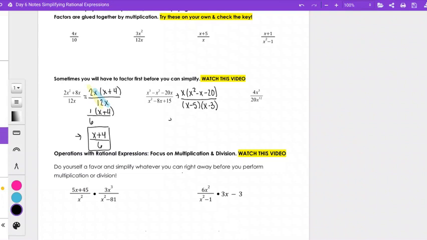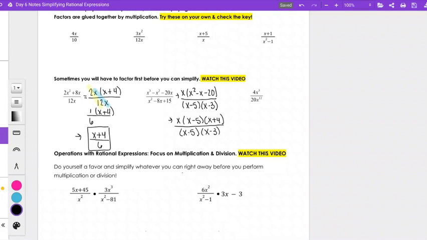Now, if we take a look, our numerator looks like it will factor again. So we're left with x times the quantity x minus 5 times the quantity x plus 4. And we did not do anything to our denominator, so we will go ahead and leave the remaining factors.